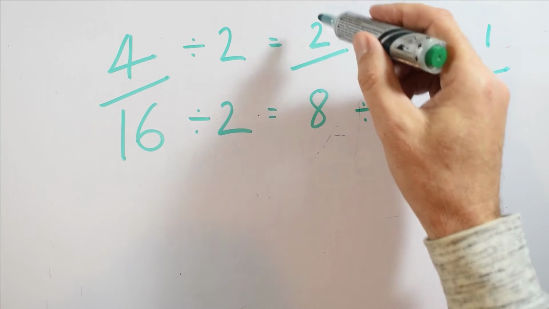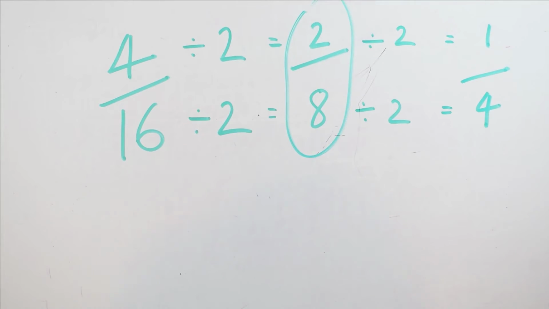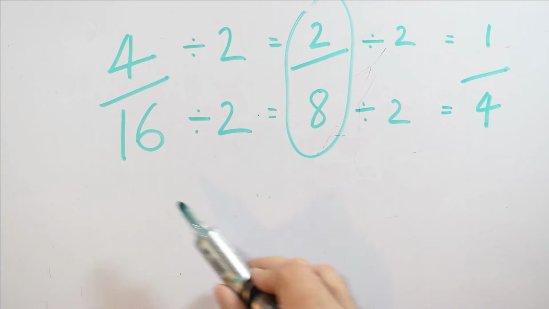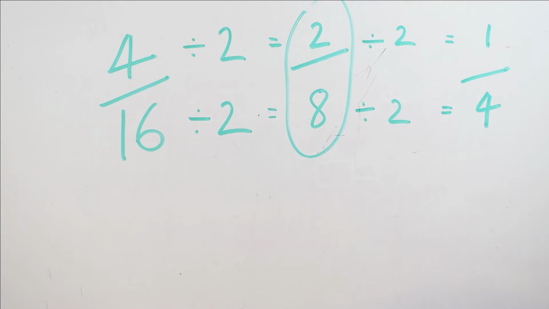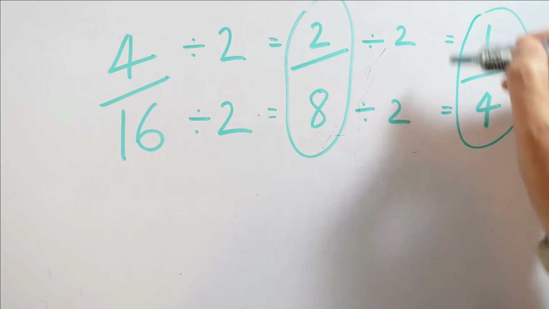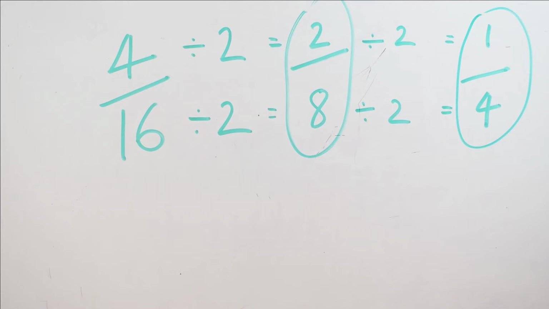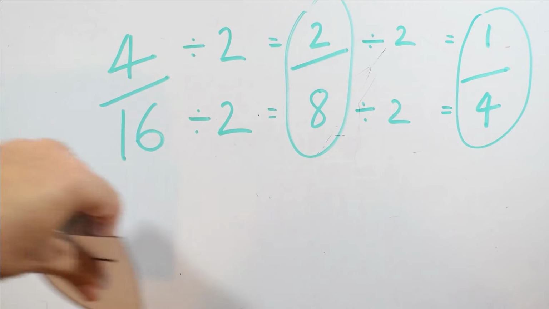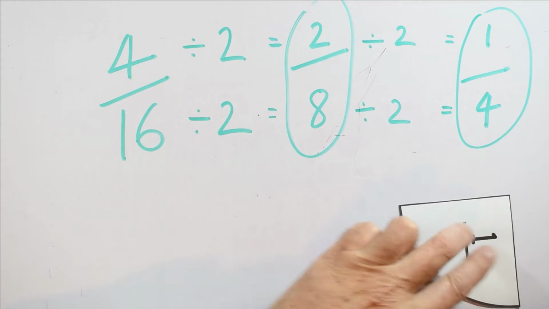So this 2/8 is an equivalent fraction, covers the same area. 2/8 covers the same as 4/16, and this is the simplest fraction, 1/4. All of those cover the same area, 1/4, which looks like this. So that's this one here.